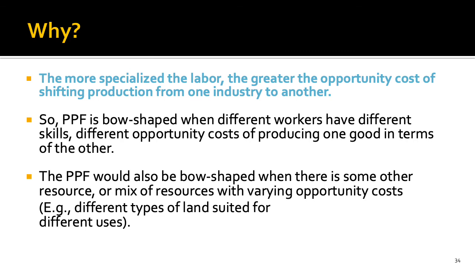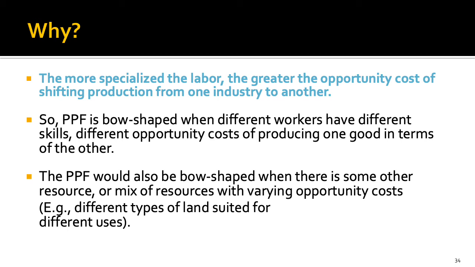Why does this happen? The more specialized the labor, the greater the opportunity cost of shifting production from one industry to another. So the PPF is bow-shaped when different workers have different skills and different opportunity costs of producing one good in terms of the other. The PPF would also be bow-shaped when there is some resource, or a mix of resources, with varying opportunity costs.